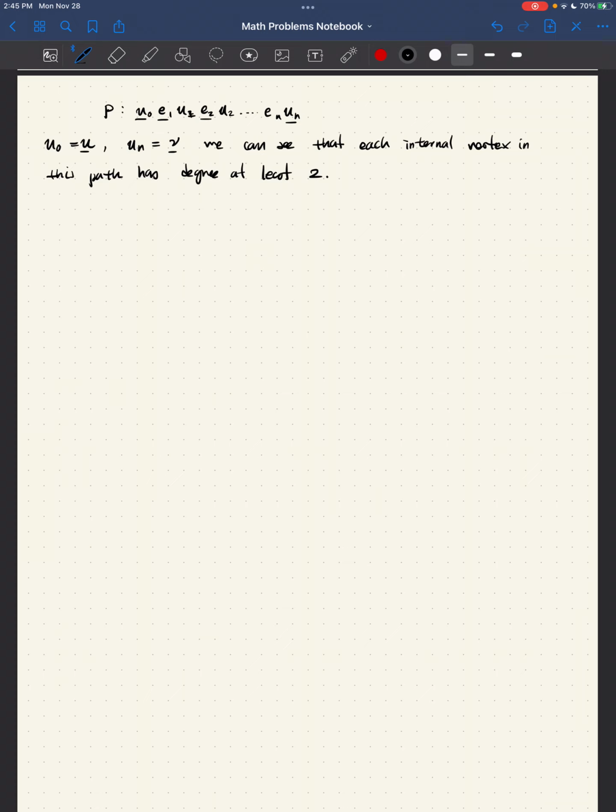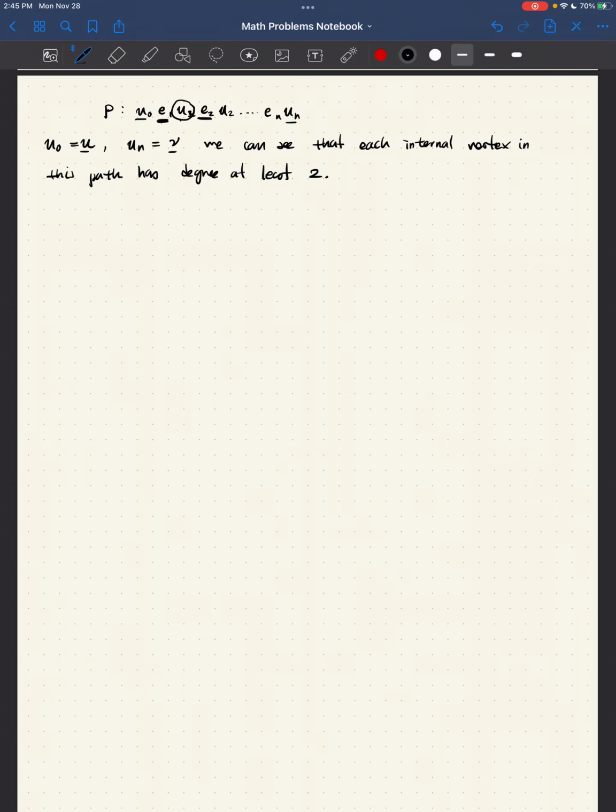Well, why is that? Well, imagine the ones that are internal, right? Let's take, for example, this. And the same argument goes for both. Well, this one, right, we have 2 incident edges. The one that is associated here and the one that is associated here. Of course, we're making the assumption that we're taking a simple path, right, for simplification, so that we don't have repetitions.